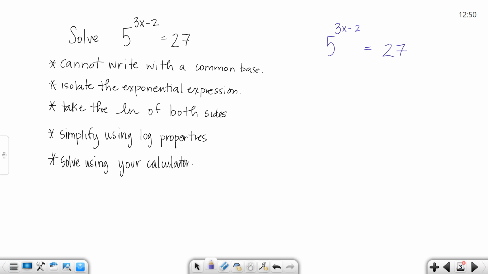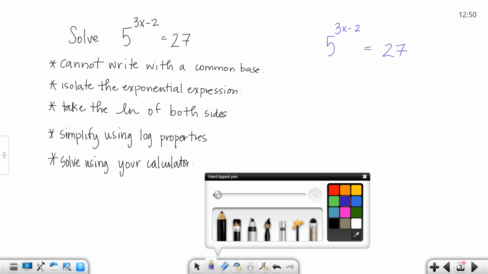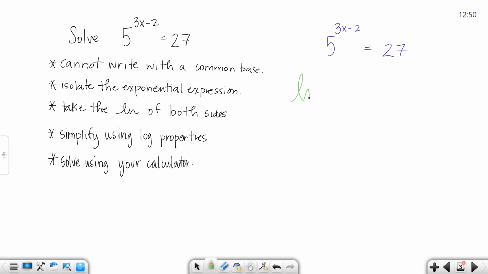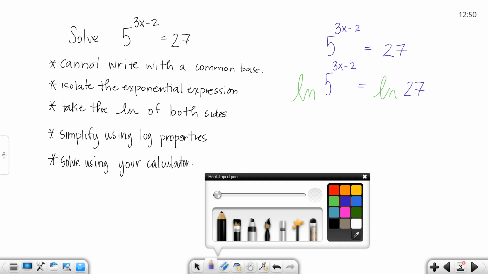Okay, the next thing that you want to do is take the natural log of both sides. So I'm going to take the natural log of the left and the natural log of the right. Okay, so I take the natural log of both sides. The next thing it tells you to do is simplify using log properties.